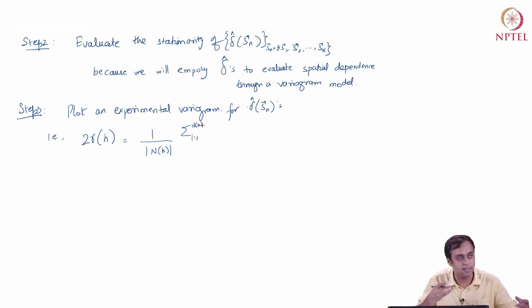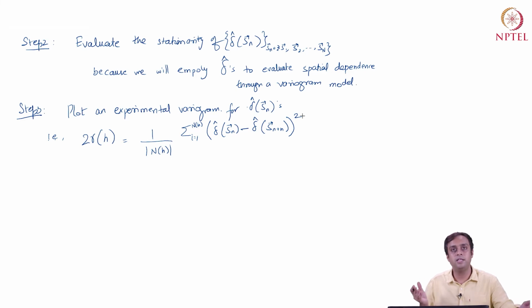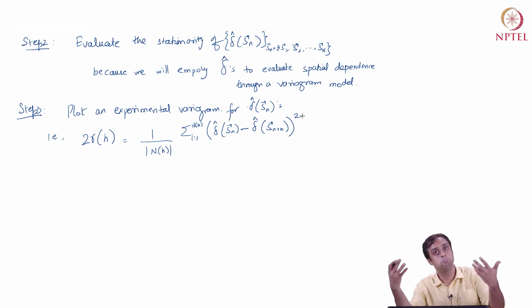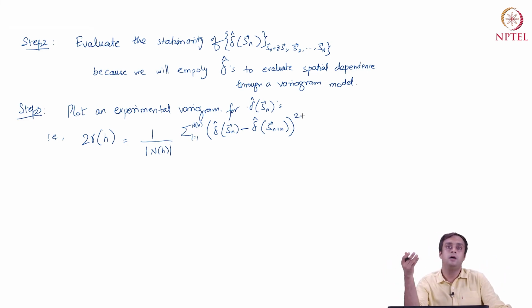This is the set that consists of all the location pairs separated by a lag h, of delta hat Sn minus delta hat Sn plus h, squared. We have seen this multiple times. We will again see it very soon because you're going to get to the hands-on exercise in a couple of lectures. So we are coming to the experimental variogram, the variogram cloud, and so on and so forth.